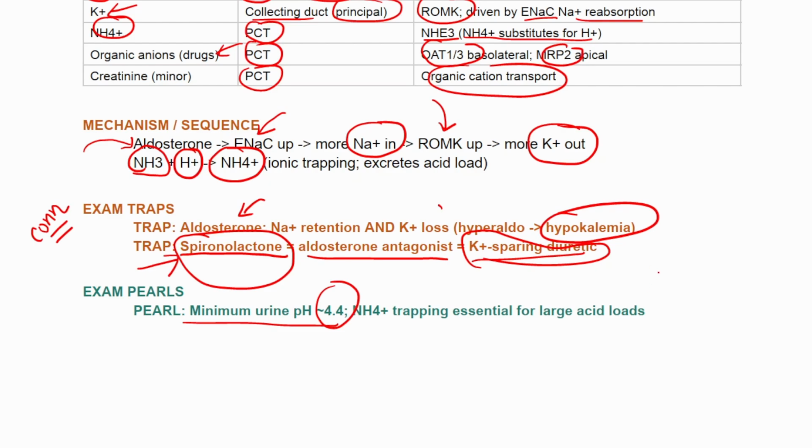The definitive example is that the ammonium buffer trap is entirely essential for large acid loads. The nephron effectively masks the free hydrogen ions, allowing the kidney to excrete massive amounts of metabolic acid without violating the absolute minimum pH limit of 4.4.